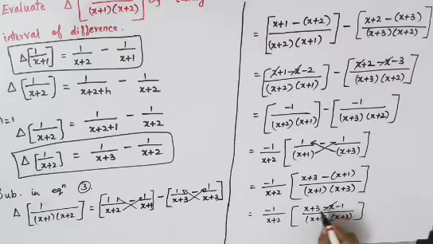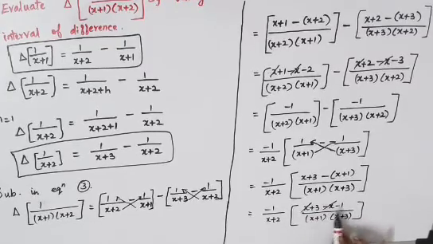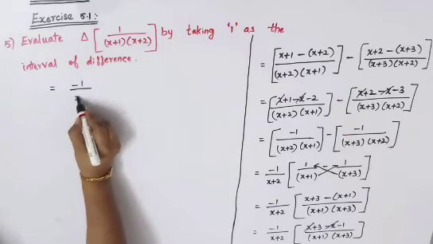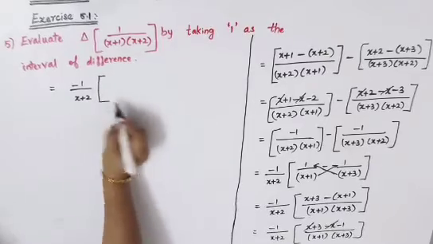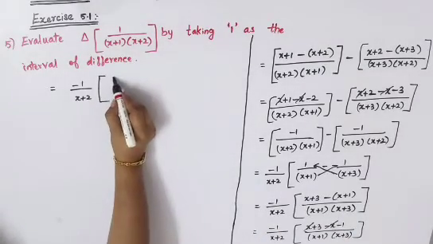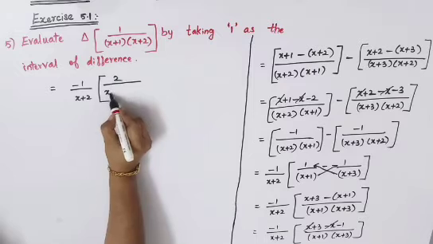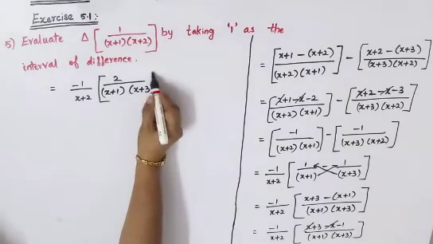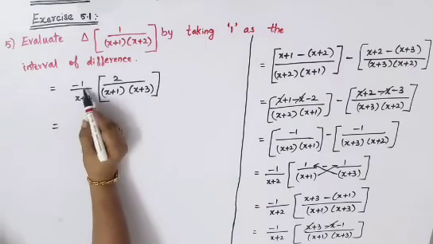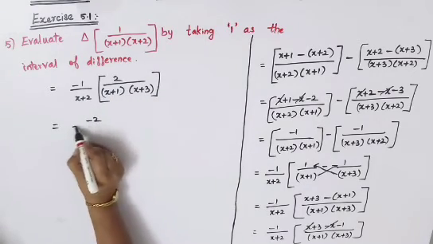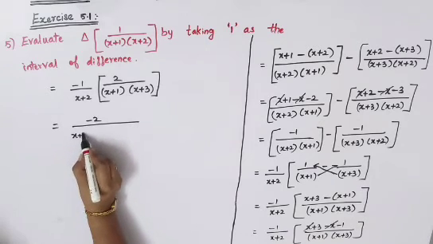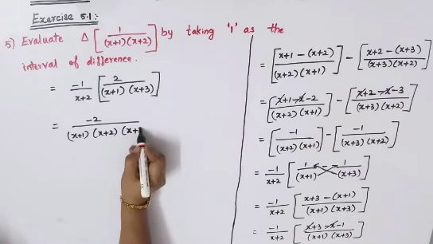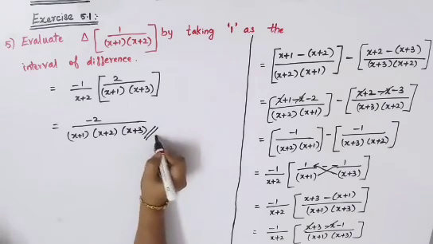So now cancelling, plus x and minus x will go, 3 and minus 1 you will get 2 over there, equal to minus 1 divided by (x plus 2) into 3 minus 1 will become 2 divided by (x plus 1) into (x plus 3). So the last step of solving is minus 1 into 2 you will get minus 2 divided by (x plus 1) into (x plus 2) into (x plus 3). So this is the answer for your fifth question.